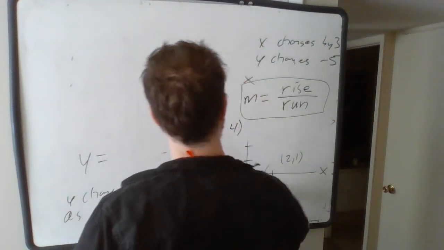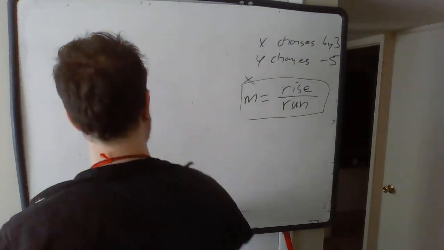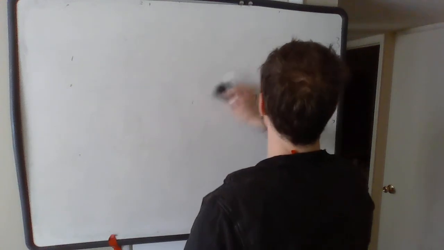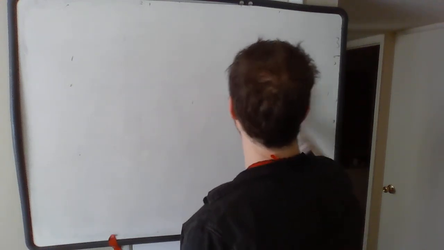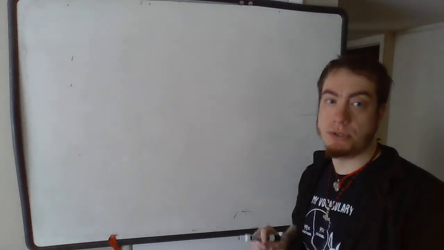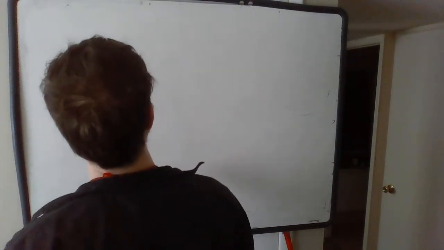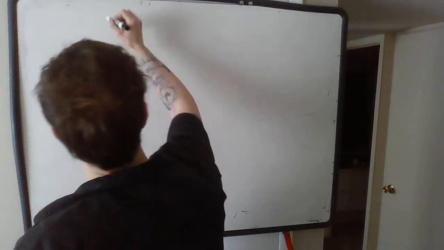Now, instead of asking you to graph the line based upon an equation, you could also be asked to find an equation based upon a graph. And you should be able to do that by similarly reading it off if you can see what the intercept is and what some other point is.